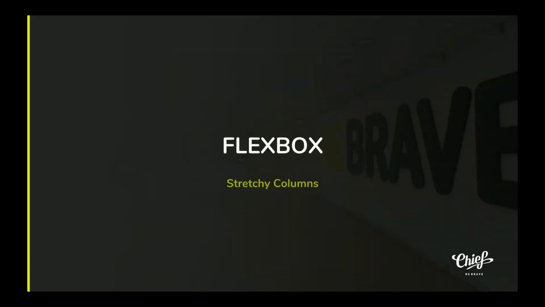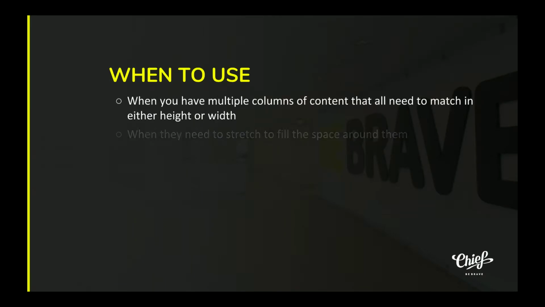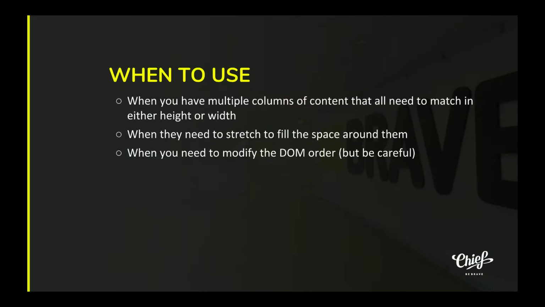All right, so diving right in, Flexbox. This is basically stretchy columns. This is really useful for matching column height or making sure that things adjust to each other within a row or a column. You can also use this to modify the DOM order.